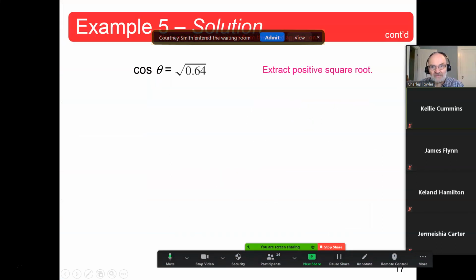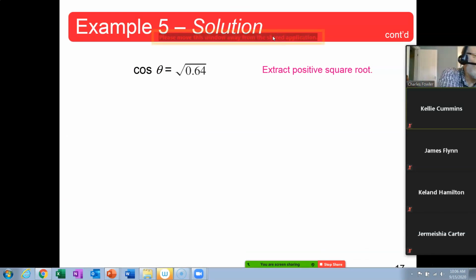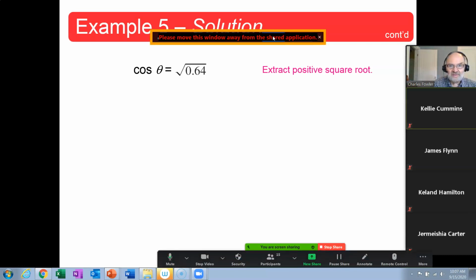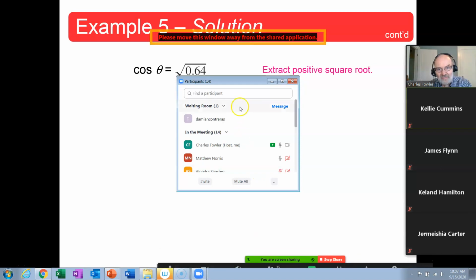Now here's somebody else. Courtney is here. So here's Courtney. Let me get him in. Courtney is here. All right, pretty good attendance today. I can't tell if that's Courtney that's still being shadowed here or someone else is trying to come in. Ah, Damien's here.